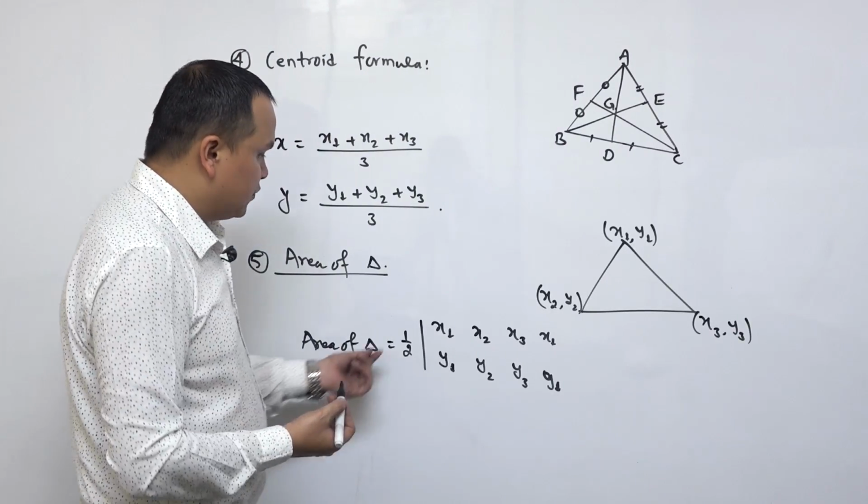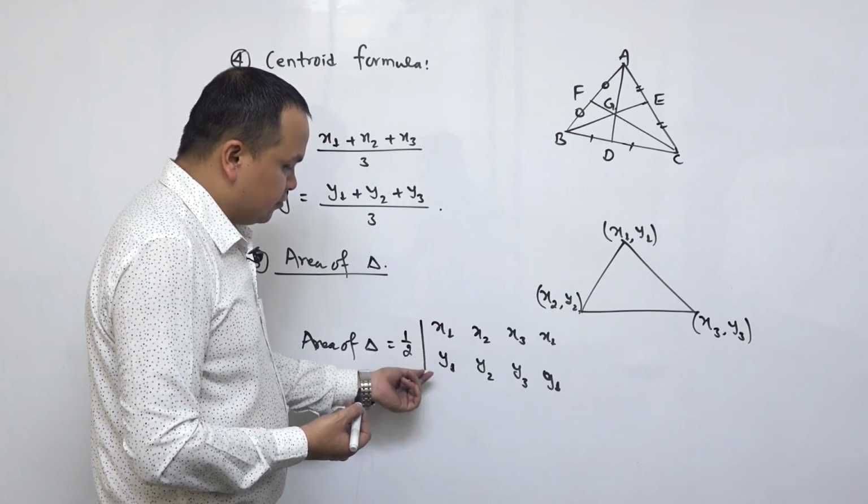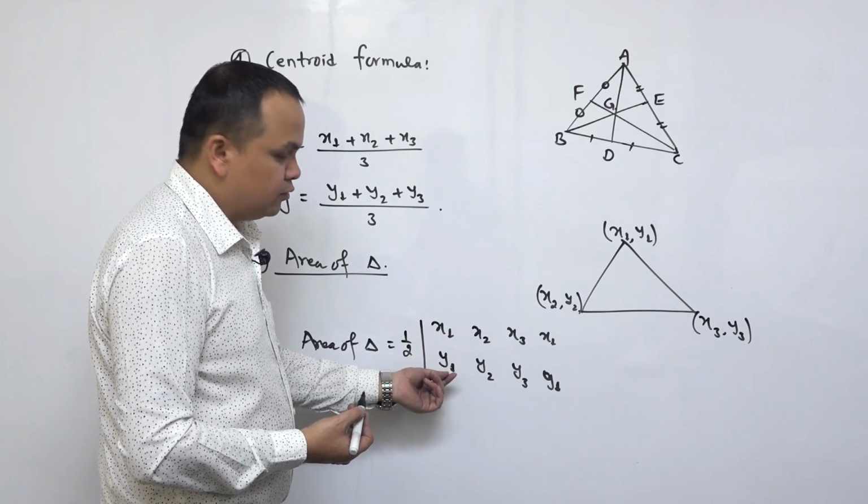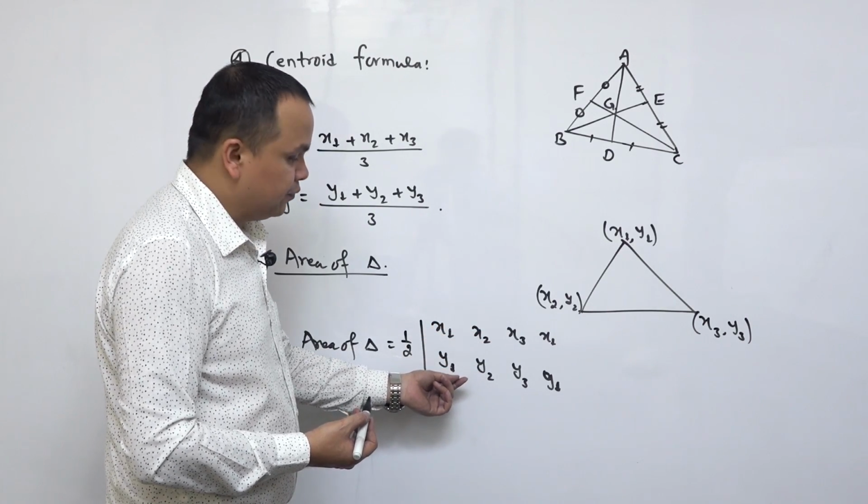Area of triangle 1 upon 2 x1 y1, x2 y2, x3 y3.